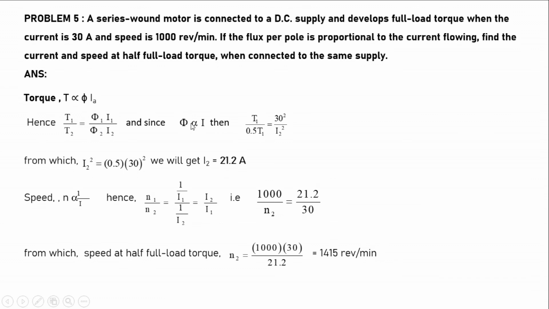Here T2 is half torque, so T1 by 0.5 T1 is equal to I1 square by I2 square, because phi1 is proportional to I1 and phi2 to I2. So 30 square divided by I2 square. From this we calculate I2 as 21.2 amps.